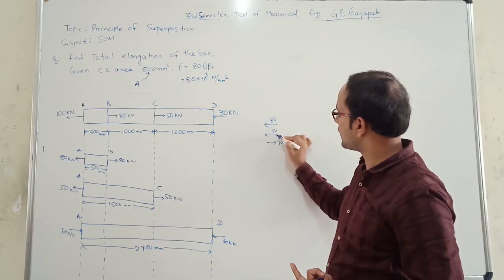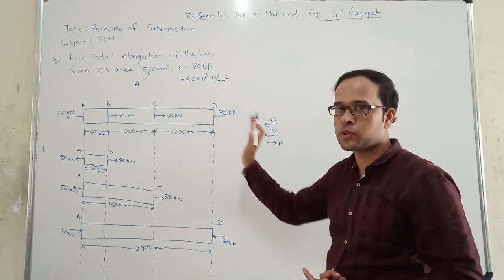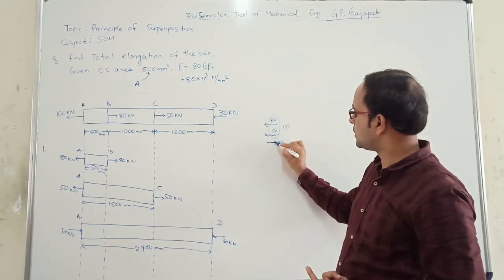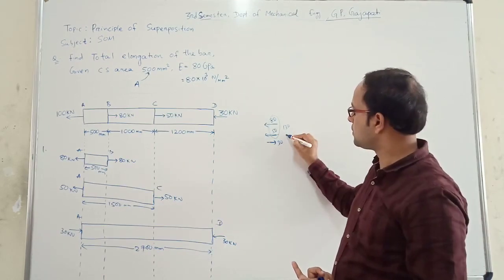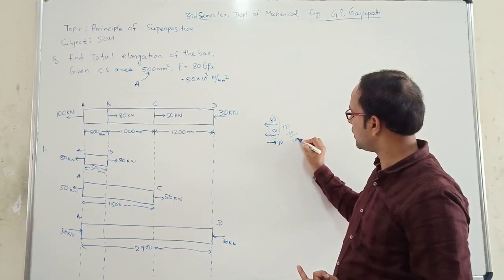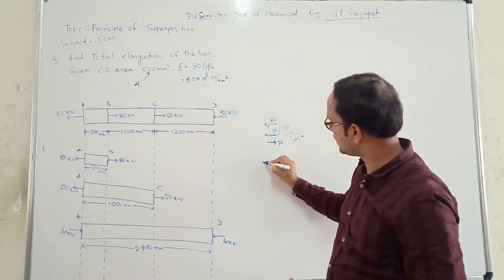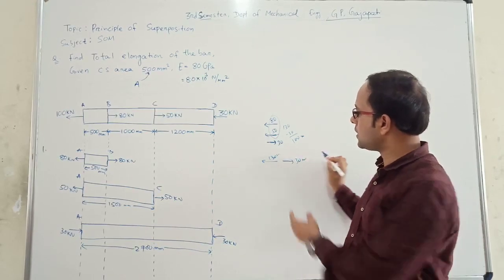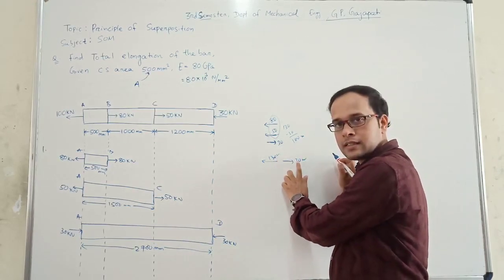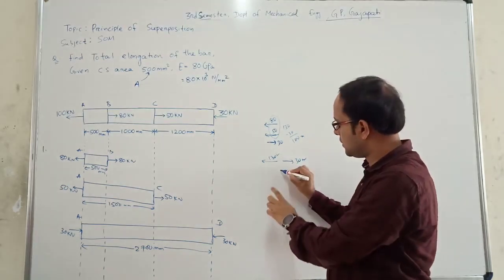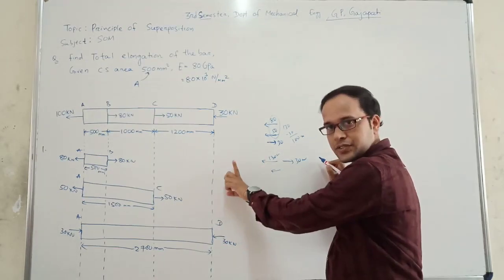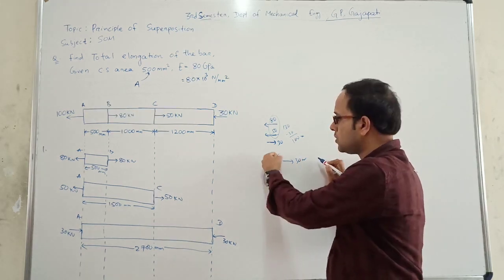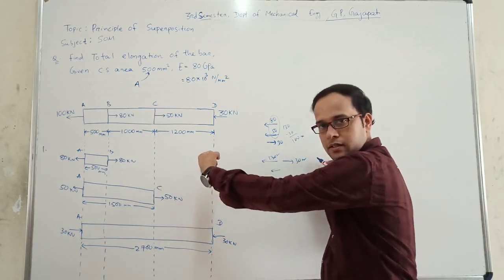So if we take 80 and 50, both are in that direction, so total will be 130. So 30 kilonewton in this direction, that means minus 30, so 100 kilonewton. So 130 in this direction, 30 kilonewton in this direction. So resultant will be 130 minus 30, that is 100. 100 will act in that direction because 130 is more than the 30 kilonewton. So there will be pull in this direction.